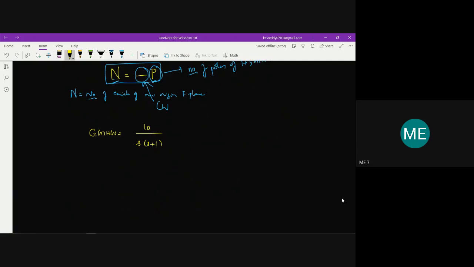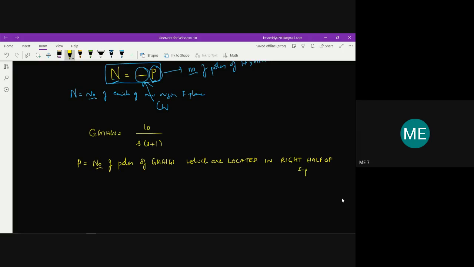Here P is nothing but the number of poles of G of S into H of S which are located in the right half of the S plane.